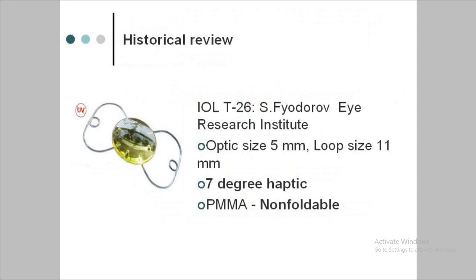In historical review, more than 20 years ago in Russia, in Sviatoslav Fedorov Eye Research Institute, the IOL T26 was created with 7-degree haptics, PMMA unfoldable lens with optic size 5 and loop size 11 millimeters. It was widely used in highly myopic patients, but to use it after phaco is undesirable because we have to enlarge the entrance up to 6 millimeters.